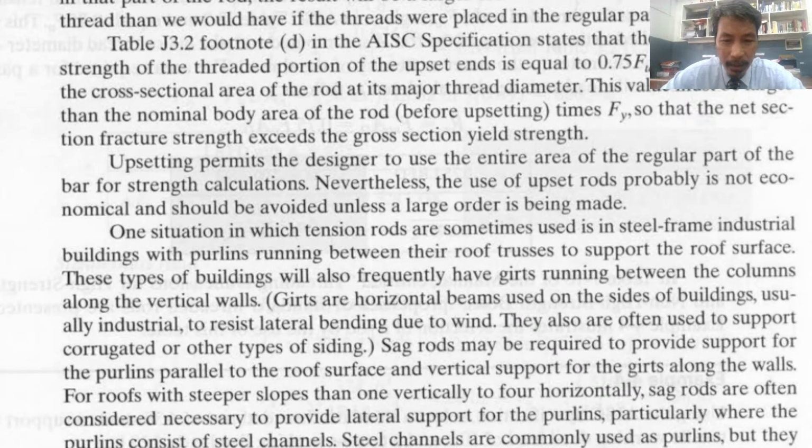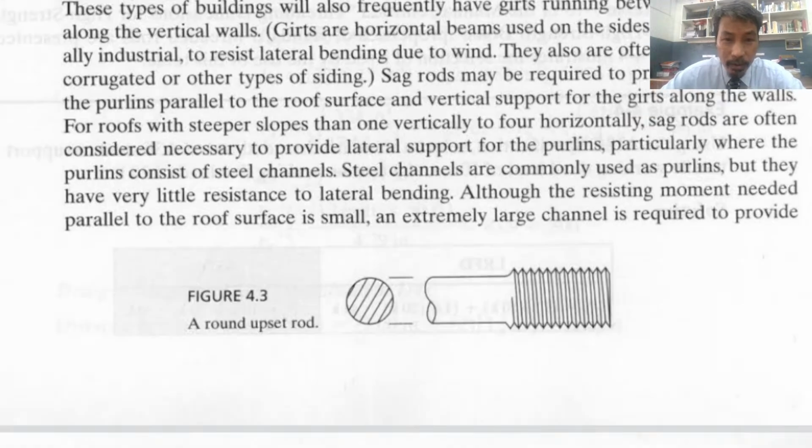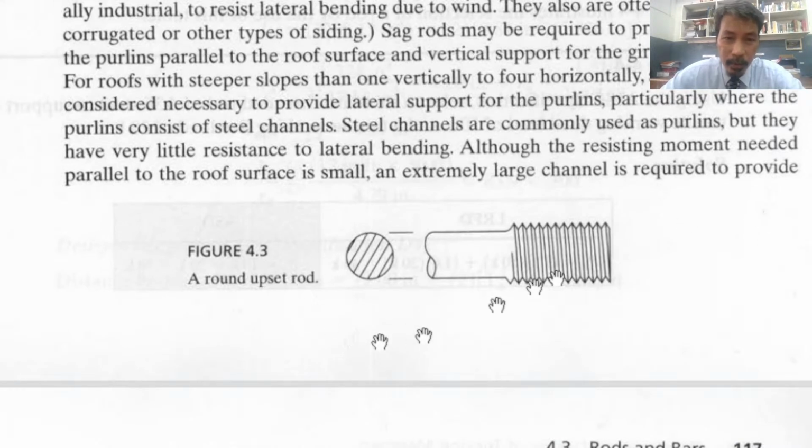Similar things happen again and again. The same concept, even if you are using this type of offset rod, you have to use the smaller diameter, not the diameter of the threaded portion, but the diameter of the smallest section, because that is the weakest link, the smallest cross section.